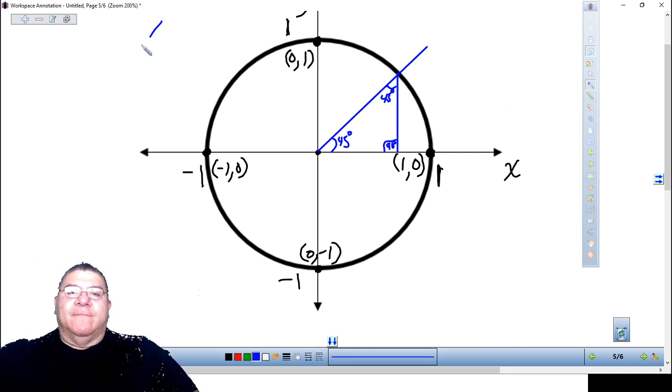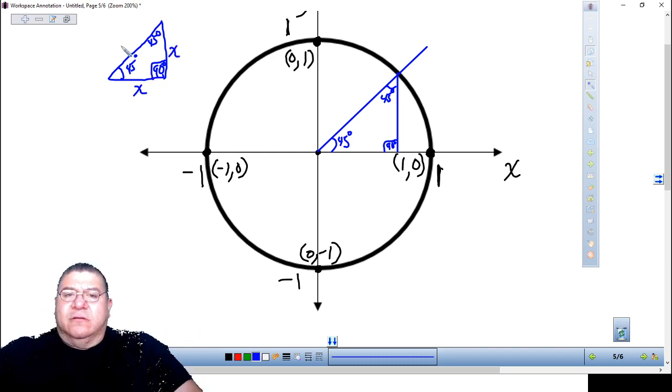We said if we have a right triangle, this is 90 degrees, and this is 45, this is 45, what did this side measure? X, and this side? X. And what did this side measure? It was x square root of 2. Okay. We got it? Yeah.